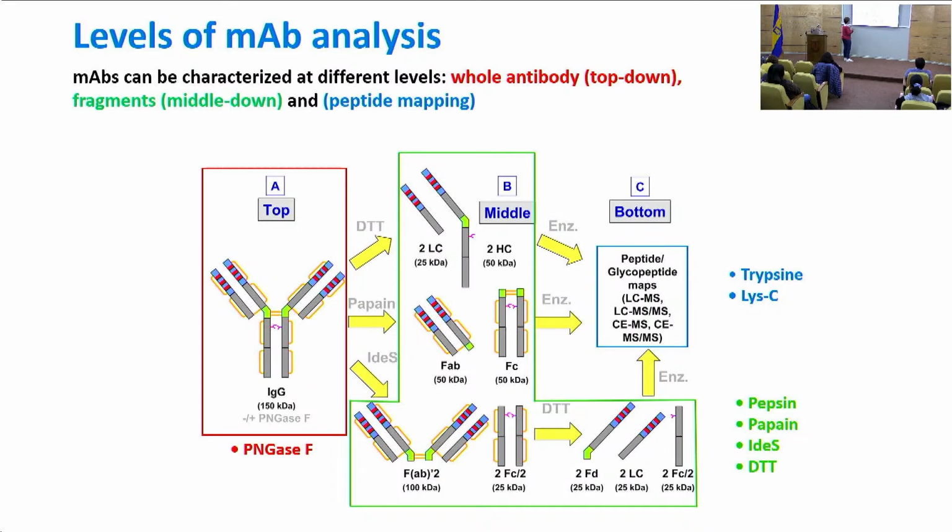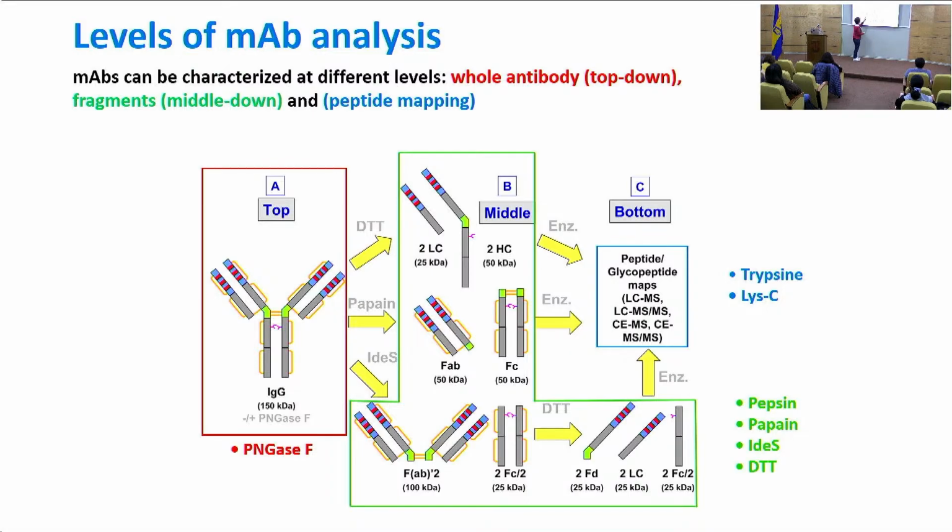The MAB could be partially digested, analyzing its middle-down fragments, for instance. After IdeS, an enzyme that cuts the MAB here, it is divided in two, with a Fab on one side and the Fc/2 on the other side.